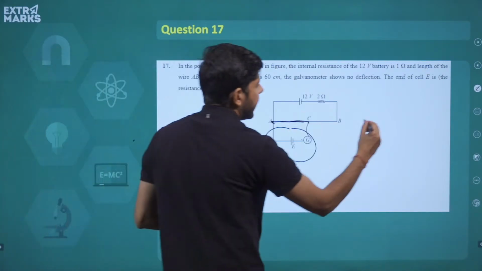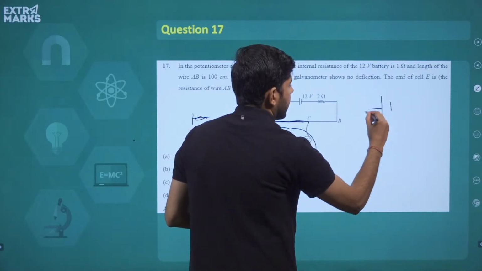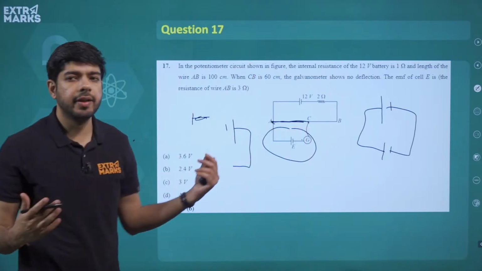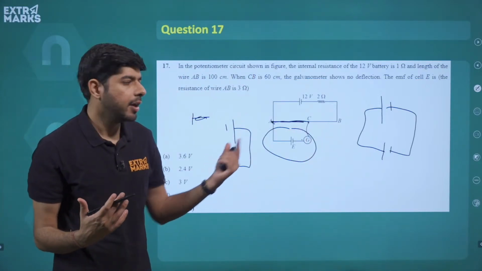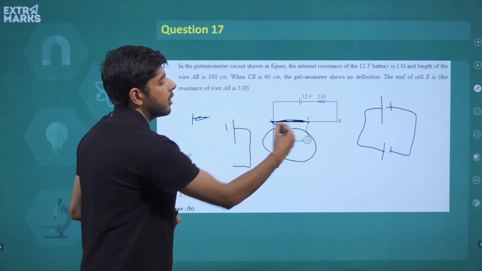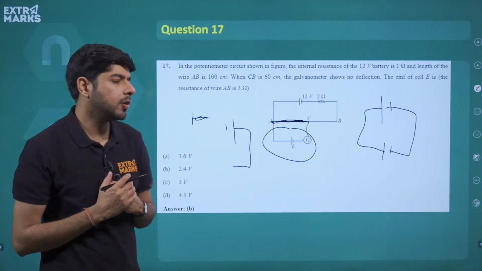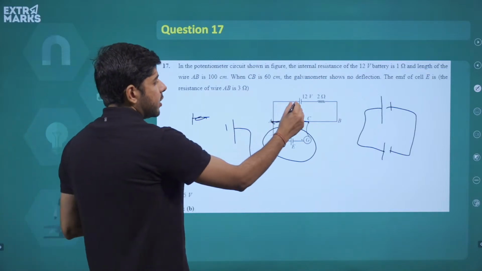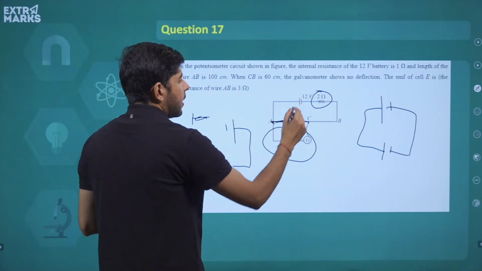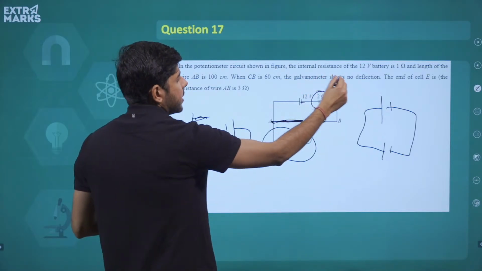It is basically this battery and we have this battery. If we have such a setup, of course the current in this circuit is going to be 0, right? So that is what is happening. So this battery, what is the potential drop across this? That is the question. Pretty simple. Total is 12, and what is the total resistance? 2. 1 for the battery, which also has internal resistance 1.